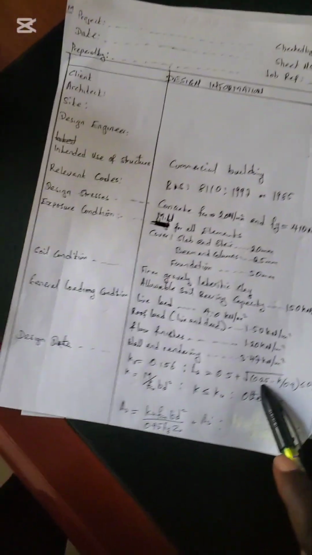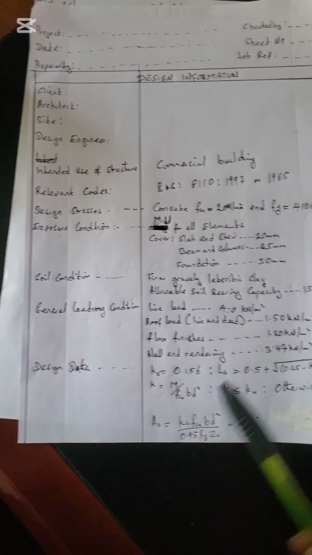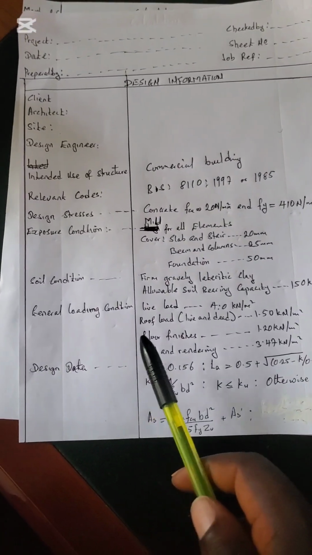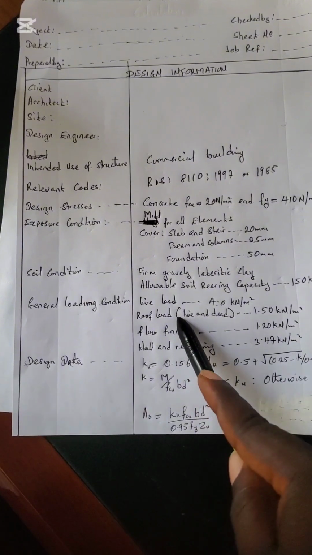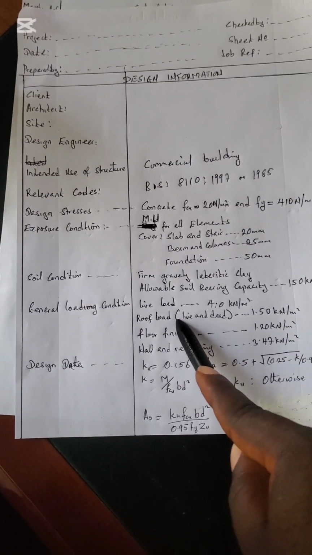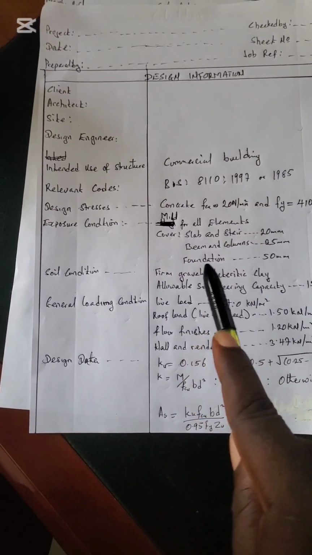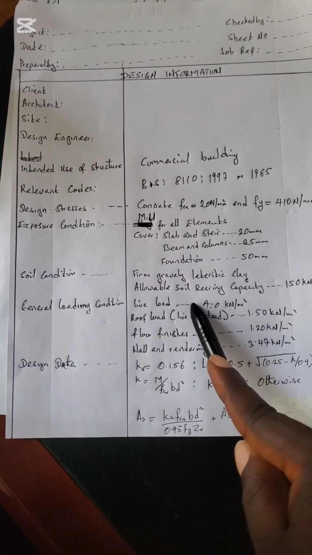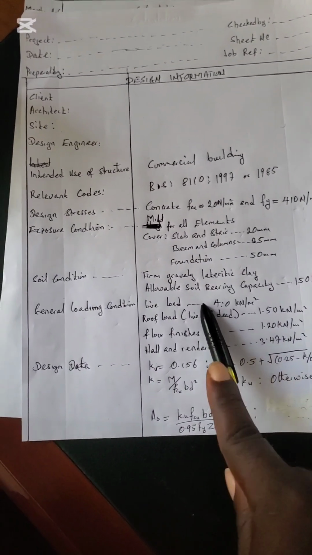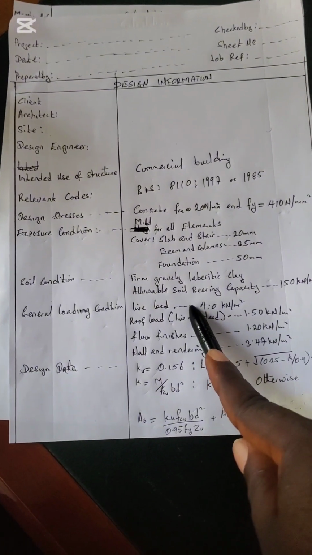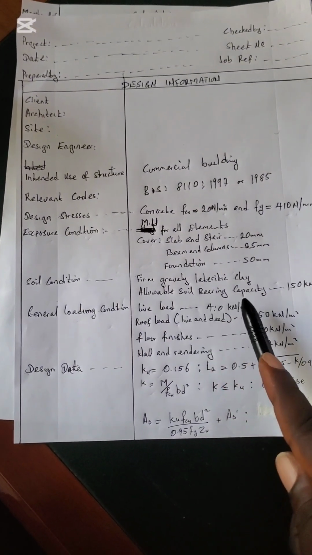The next one is the general loading condition. In this particular structure, we are talking about live load. We are talking about a commercial building. Here we have a hall where everybody can enter and come out. So the critical live load there is 4.0 kilonewton per meter square.